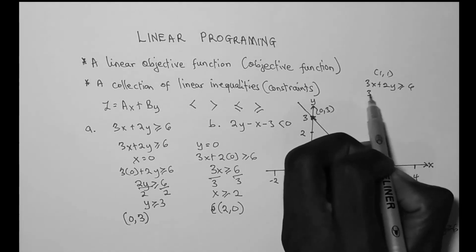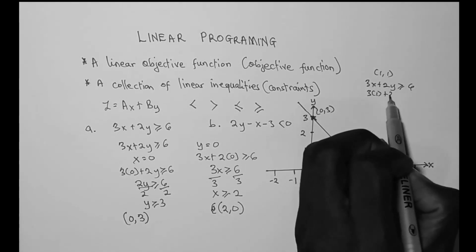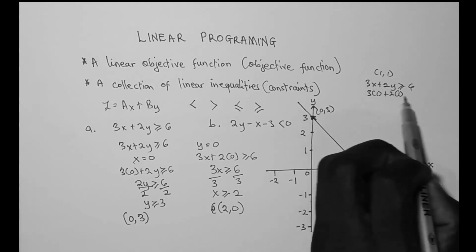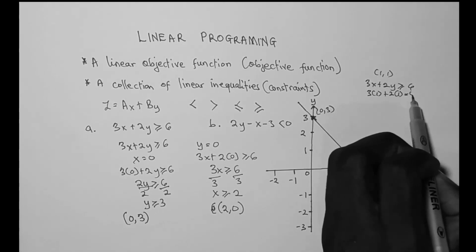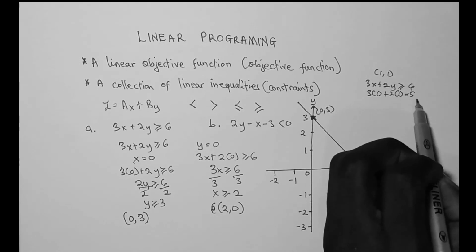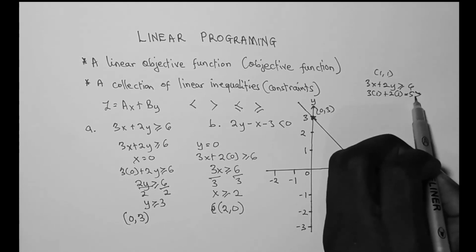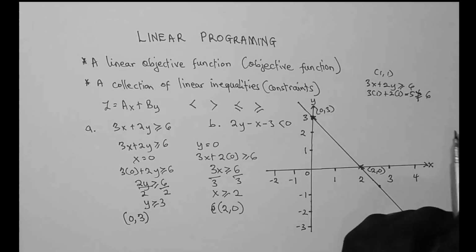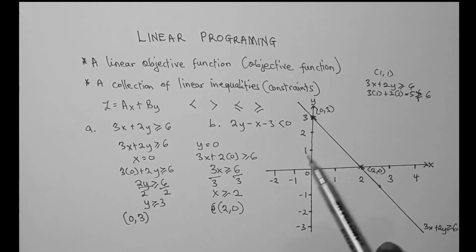This becomes 3 times 1 plus 2 times 1. 3 times 1 is 3, plus 2 times 1 will give us 5. But 5 is not greater than or equal to 6. And therefore, the points below the line are not the feasible points.